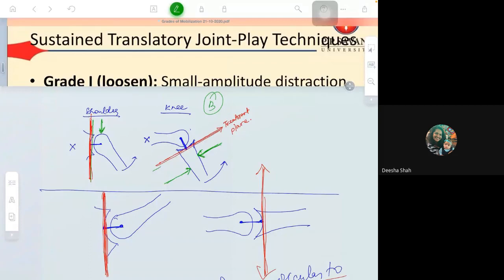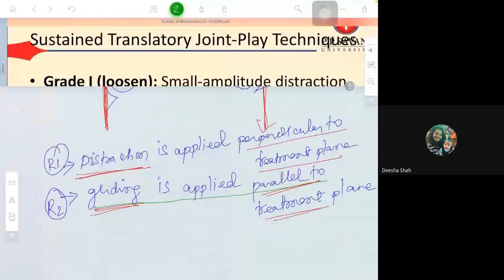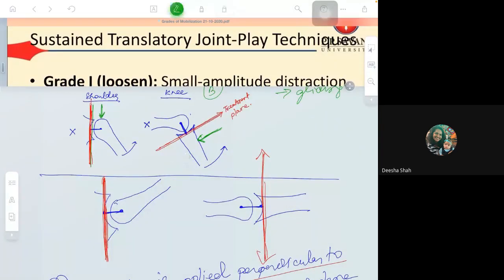See, it is parallel. So green color is gliding. Gliding should always be applied parallel to the treatment plane. Rule number 2. Either it may be posterior gliding or anterior gliding, it should be parallel. Okay.